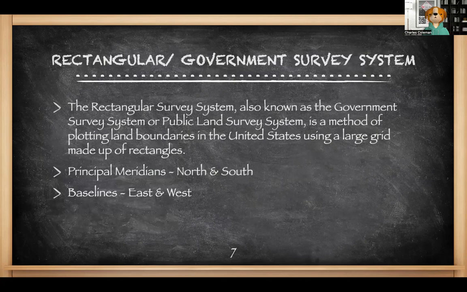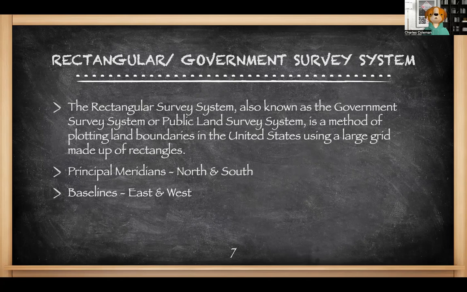The third one that they're going to want you to have some working knowledge around is the rectangular survey system, the government survey system, and sometimes it might be called the public land survey system. And this is just a method where they are plotting land boundaries in the United States using a grid. And just think of it as large rectangles.